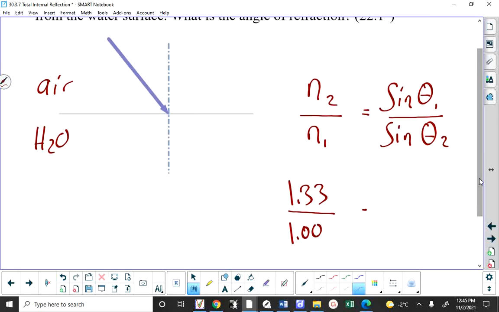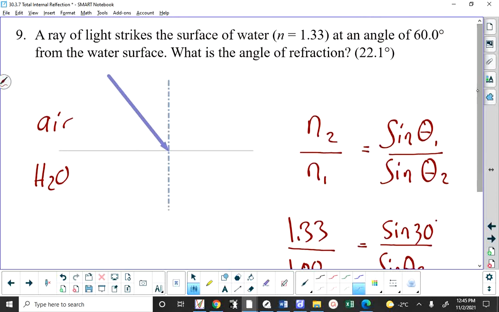Now we're asked to find the angle of refraction, so I'm just going to leave the bottom as sine of theta 2. But on the top, we're going to have to put sine of 30 degrees, not 60. The reason for this is it says it strikes the surface of the water at an angle of 60 degrees to the surface.